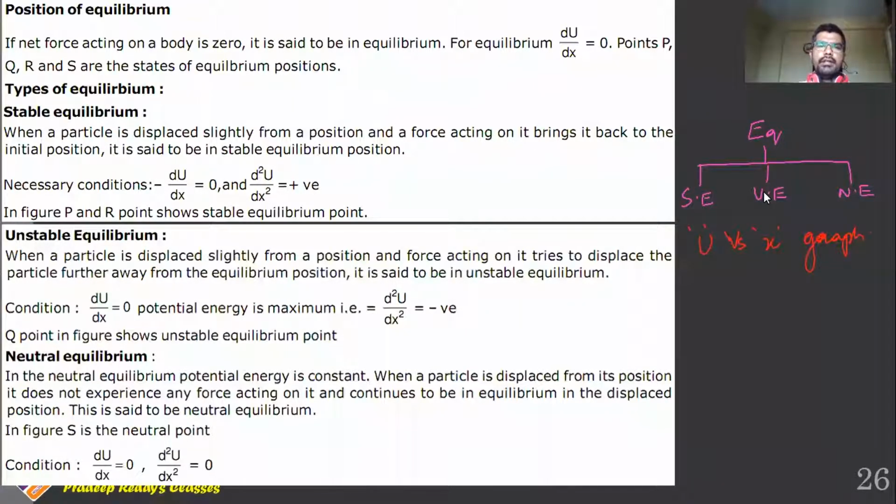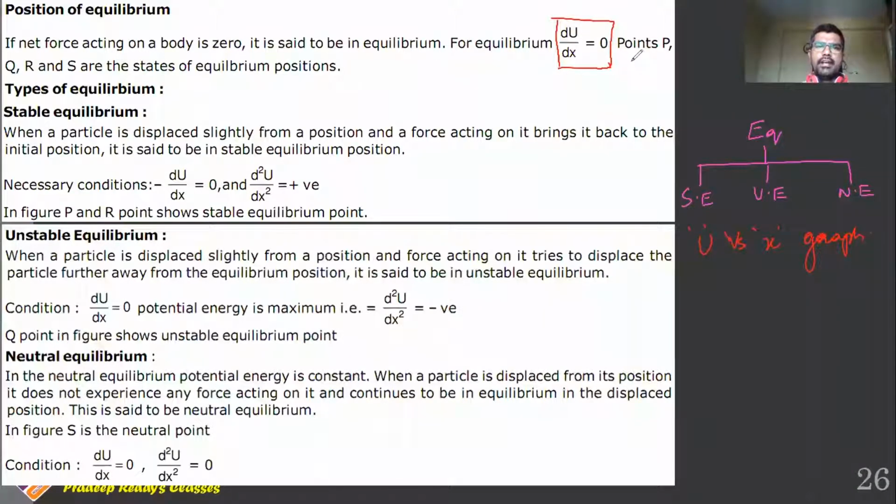Now, you are able to tell that the body is in equilibrium if and only if du by dx is equal to 0, u is equal to constant. It means that total potential energy is constant, that is, no external force acts upon the object. Therefore, du by dx is equal to 0, u becomes constant.